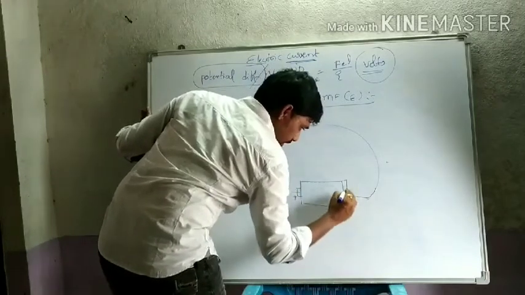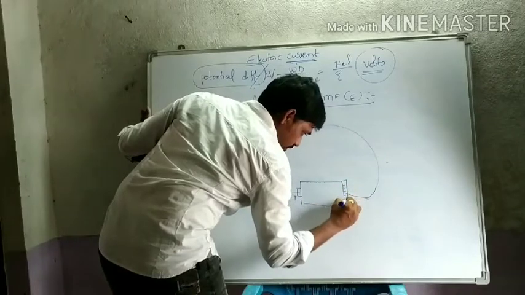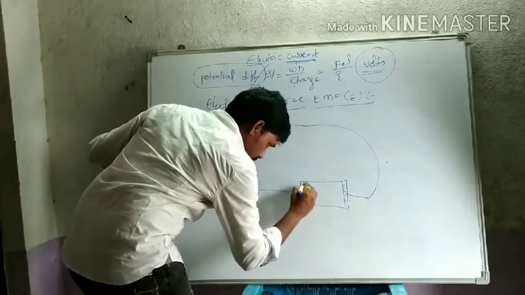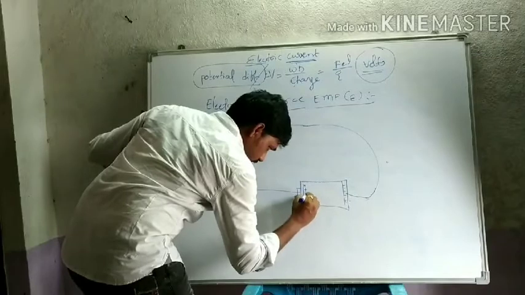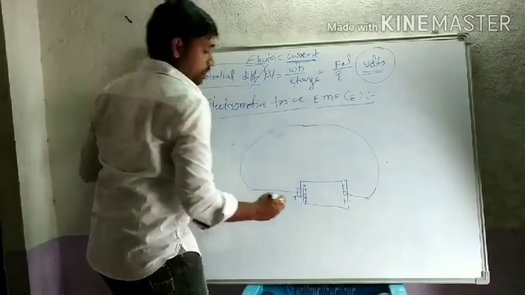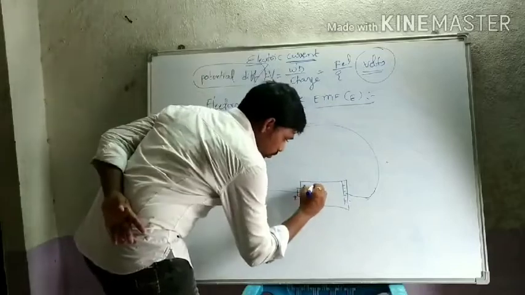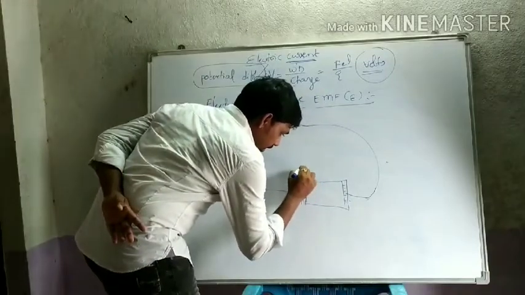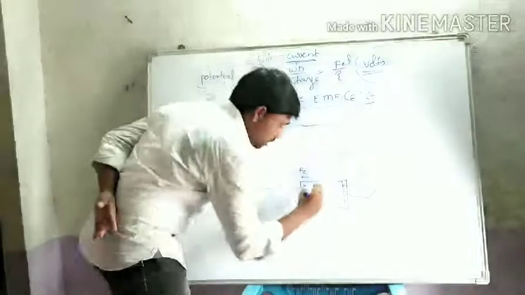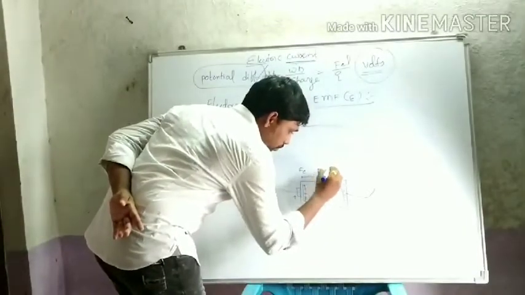Here negative ions are deposited, and here positive ions are deposited on the terminals of the battery. In the battery two forces are present. One is an electric force, another one is a chemical force.